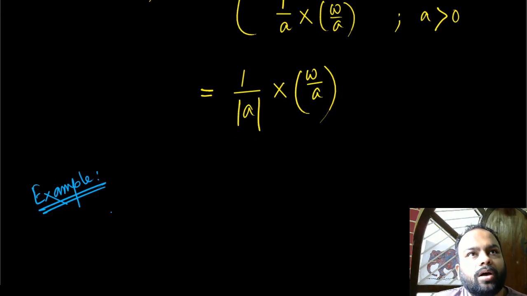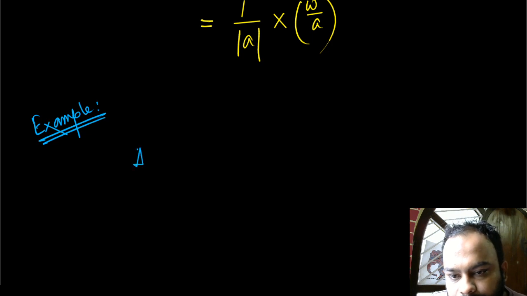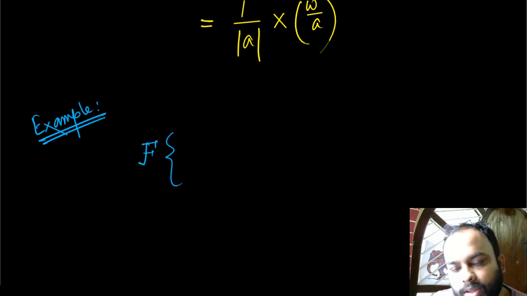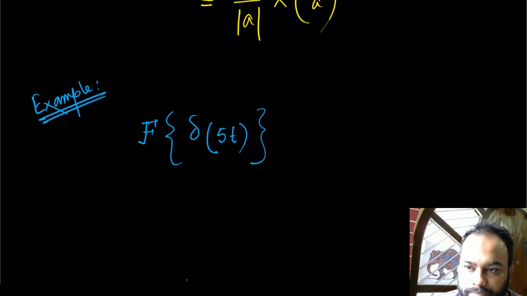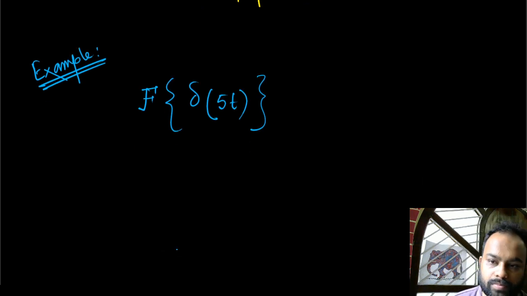Let me ask you to calculate the Fourier transform of delta 5t, say. What is the Fourier transform of delta 5t? It's a very simple example for a simple problem.